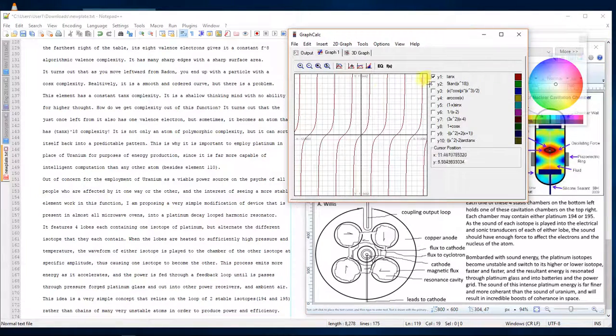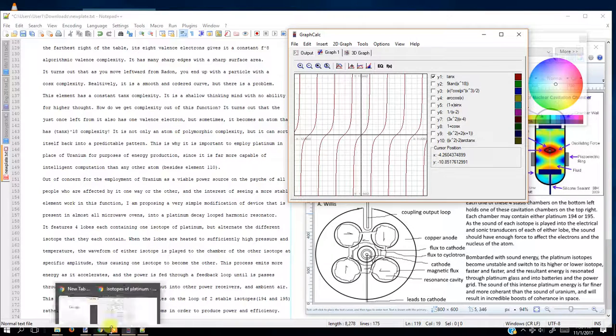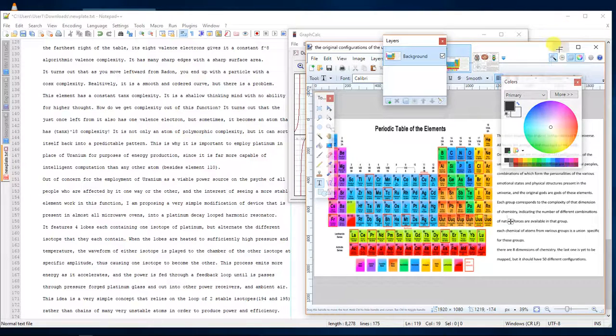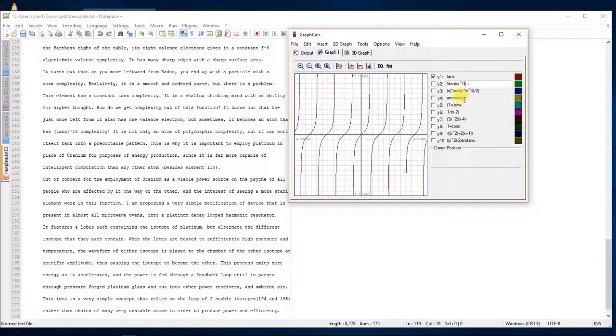It has the most complex elemental waveform of any other particle in the periodic table, which makes it a very, very highly coherent particle that can still run computations of the 18th order, x to the 18th. Let's look at uranium again. When uranium is not jumping in and out of existence like it usually does, it has a constant complexity of x squared to x to the 4th.